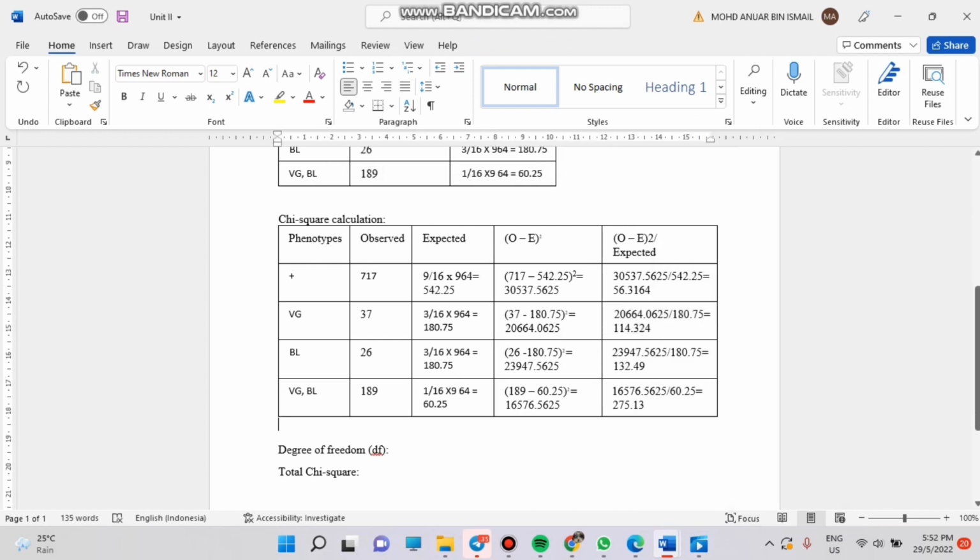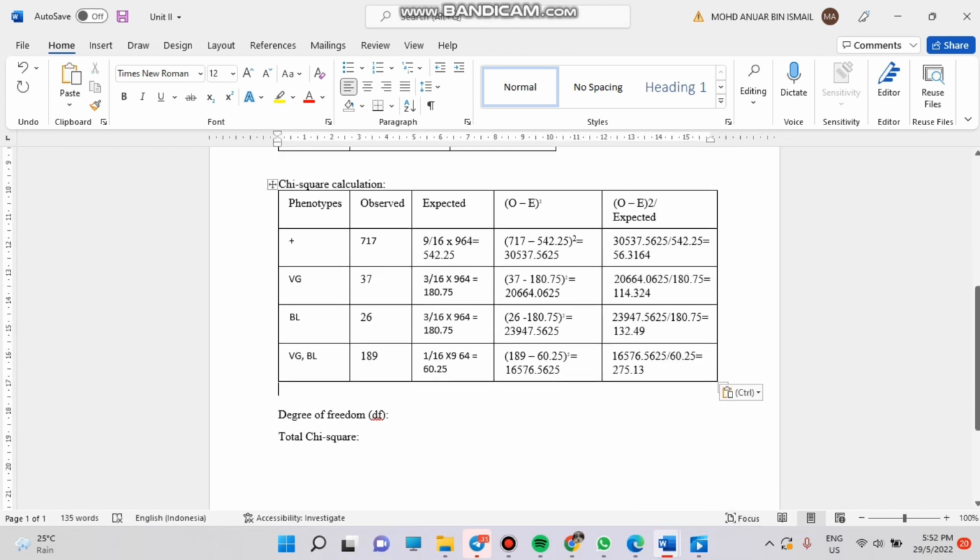Okay, so I'm done with the chi-square calculation, and for the degree of freedom, that is n minus 1. So we have 4 minus 1 equals 3.